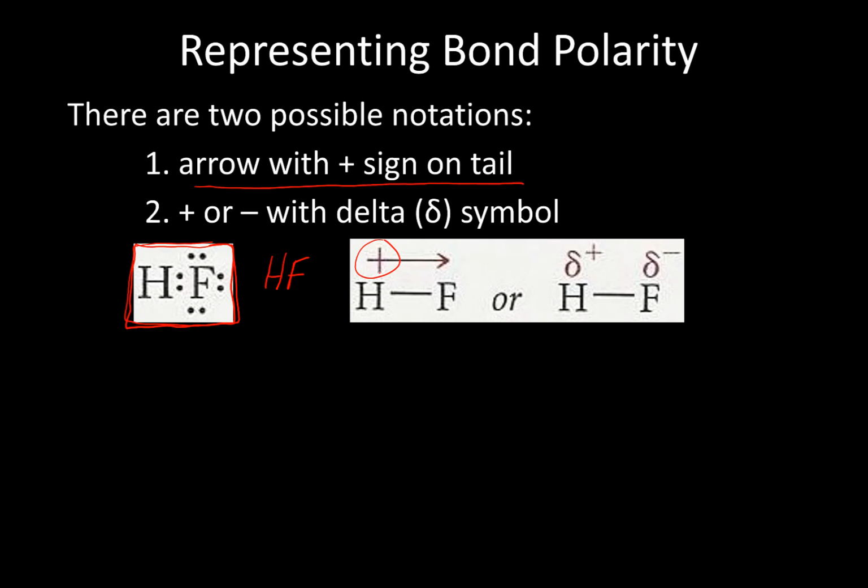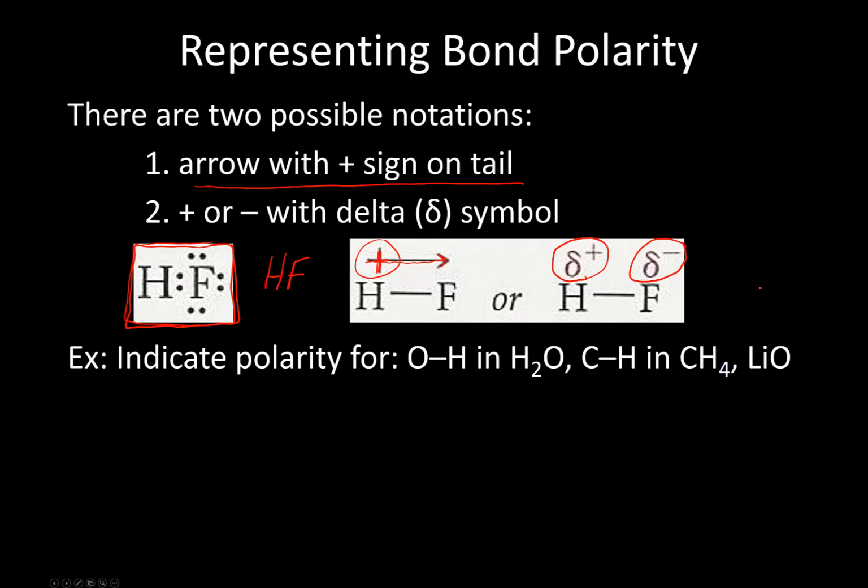The way to think about this is fluorine has a higher electronegativity than hydrogen, so the electrons are being pulled toward it. And you're left with a partial positive charge on hydrogen because the electrons are being pulled away from it. And then here, you've got the partial positive and the partial negative charge written with the delta symbol. So you can represent bond polarity either way.